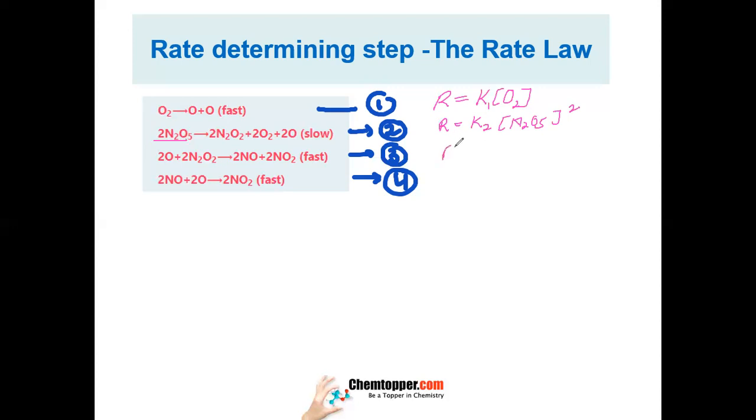The rate law for the third is K3 O raised to power 2 N2 raised to power 2, and the rate law for the fourth one is K4 NO raised to power 2 O raised to power 2, right? These are the rate laws.